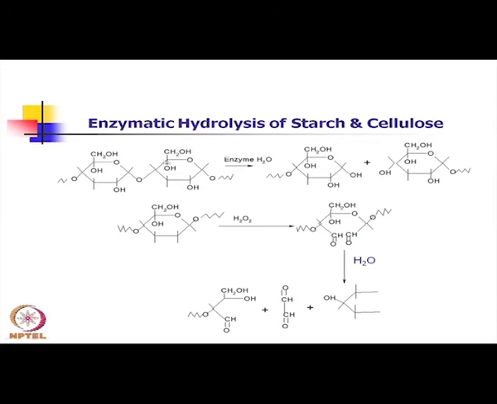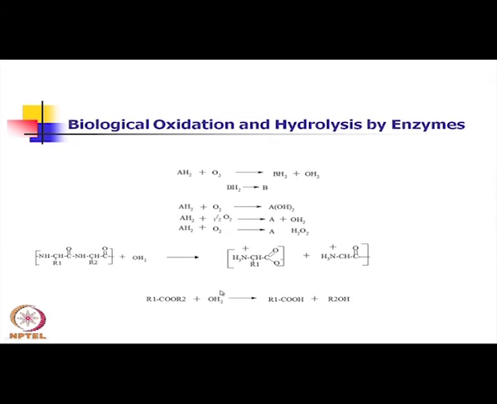That means the molecular weight of these polymers is almost reduced to half if there is one action of enzyme at this bond. Similarly, more action of enzymes can fragment a cellulose or starch molecule into many anhydroglucose units with hydroxyl groups at one end. So, this way we can degrade the starch and cellulose polymers.